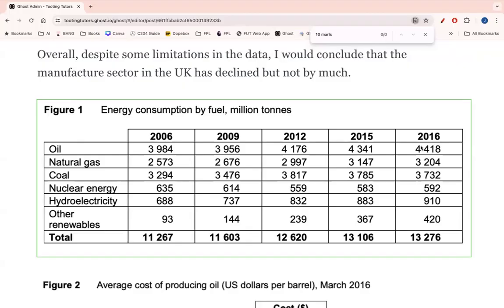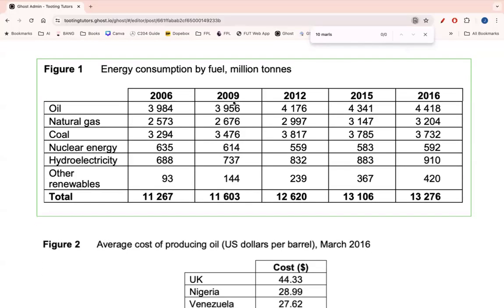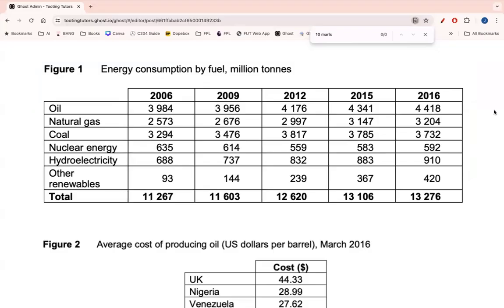I would evaluate it by saying it's only a small increase, but still it's gone up. It's not falling. Then you can evaluate it by saying, however, the coal was also rising, but it went down in the last period from 2012 to 2016. But if you add it together, it's still gone up, from 3294 to that and that to that. So that's paragraph 1 done.